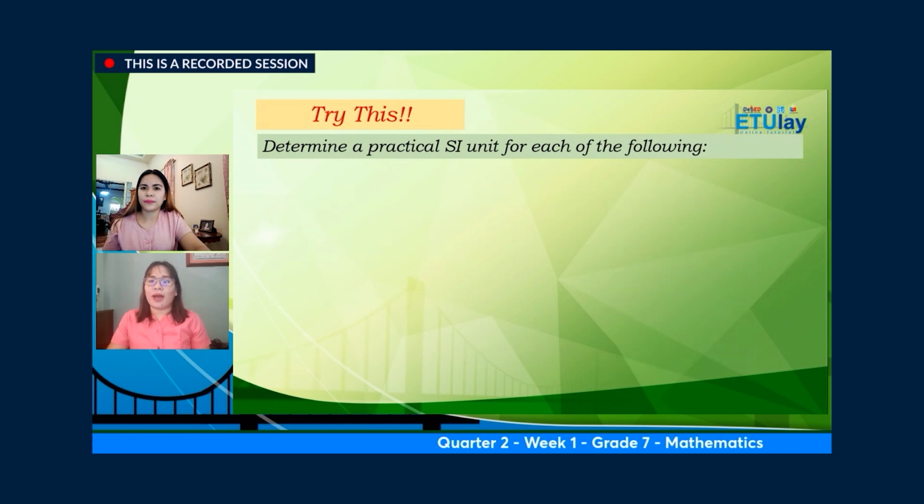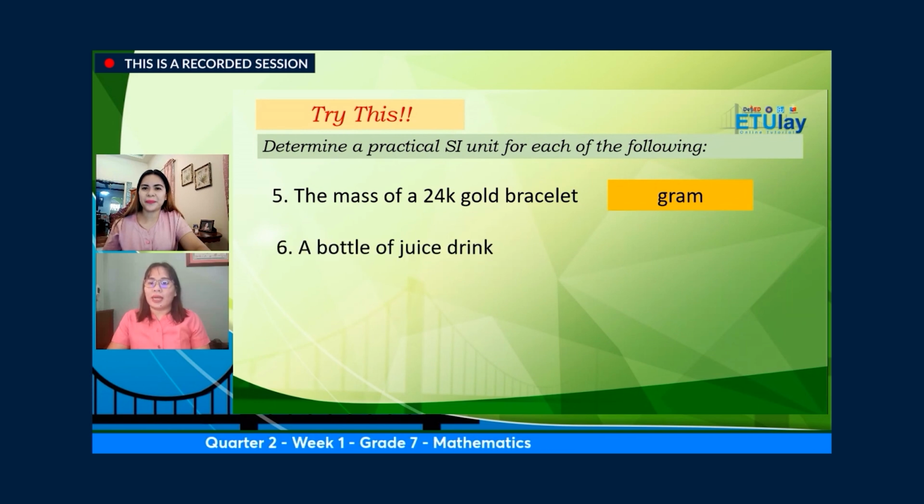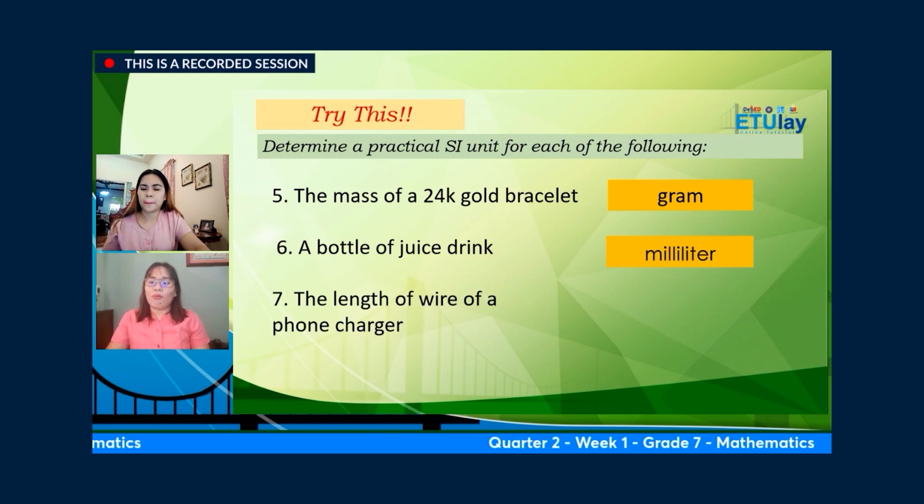For number 5, the mass of a 24-carat bracelet. That is gram. And number 6, a bottle of juice drink. And that is milliliter. Number 7, the length of wire of a phone charger. And that is meter.